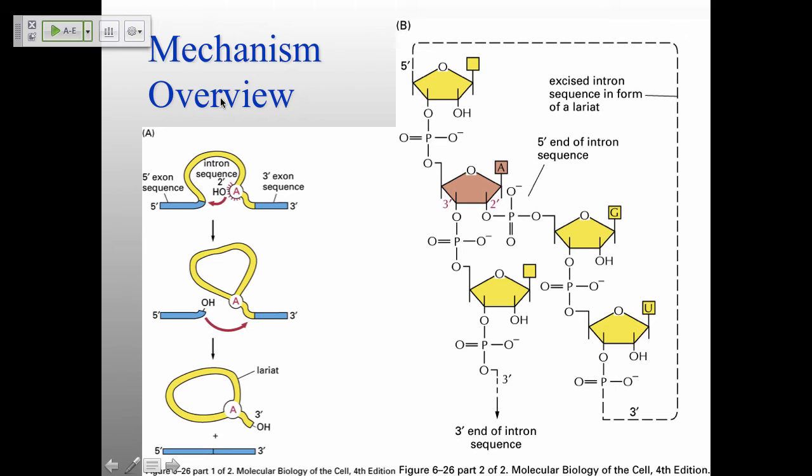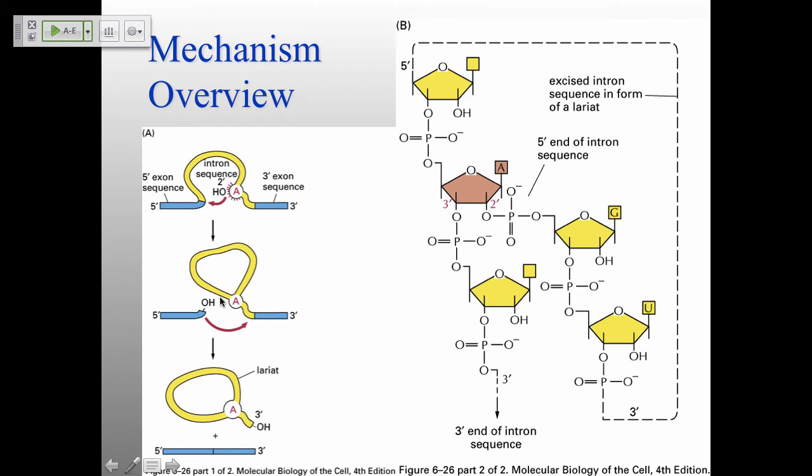So you've got an exon sequence here in blue, an intron sequence in yellow, and in that intron sequence is a very specific adenine residue, but the adenine itself is not as important as the 2' OH, which is in that adenine. 2' OH, the ribose of that adenine, then will chop the phosphodiester backbone here, and instead of just chopping it, letting it flap around, it actually will form a covalent bond to this adenine, makes this nice little loop structure.